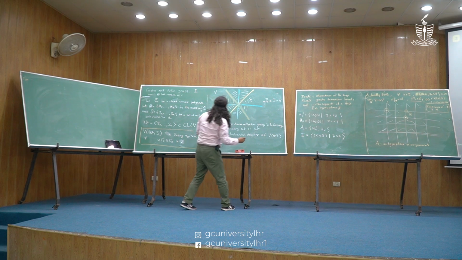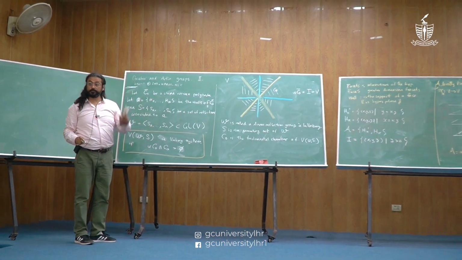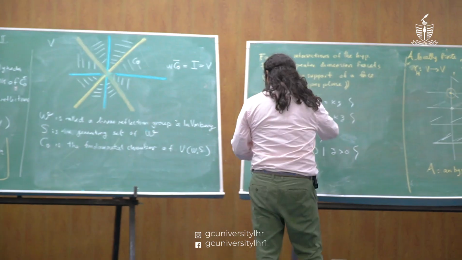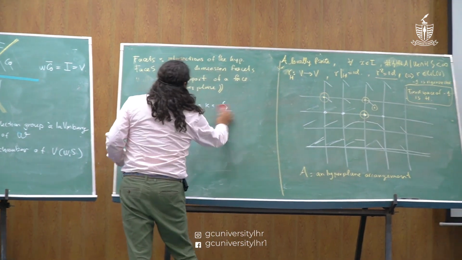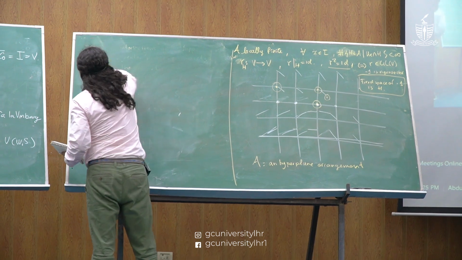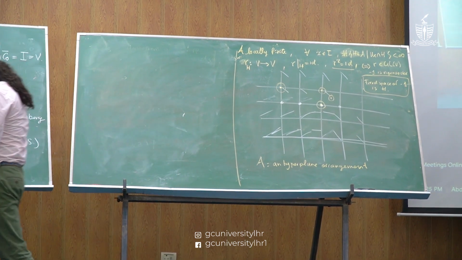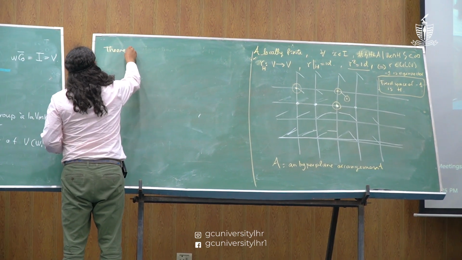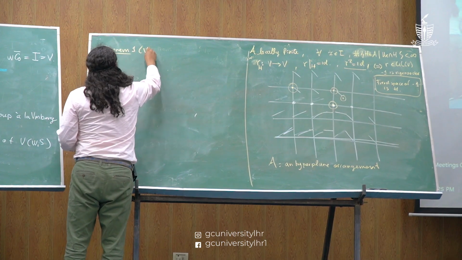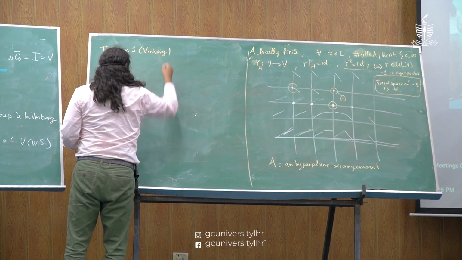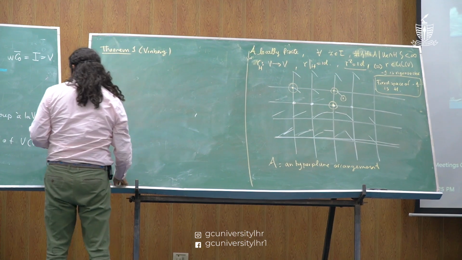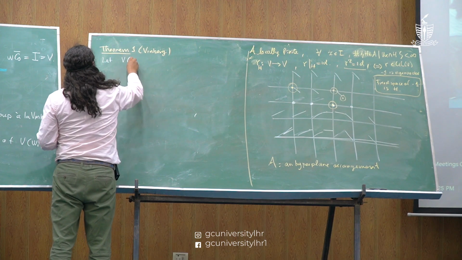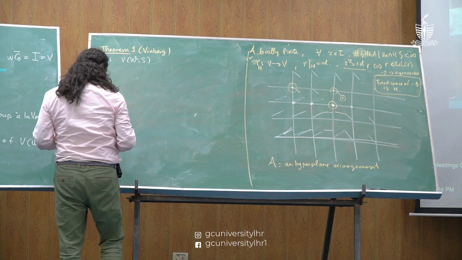BWS. Okay? So, the main theorem of B says the following. Theorem 1: let WS be a Weinberg system.